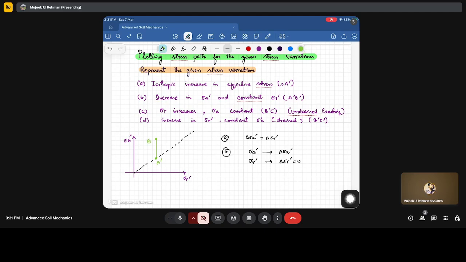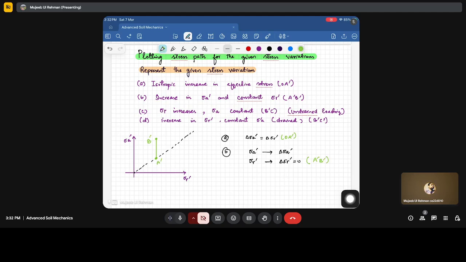Now sigma r increases. This we can name as OA dash. And this one, increasing sigma a with sigma r constant, we call it A dash B dash.